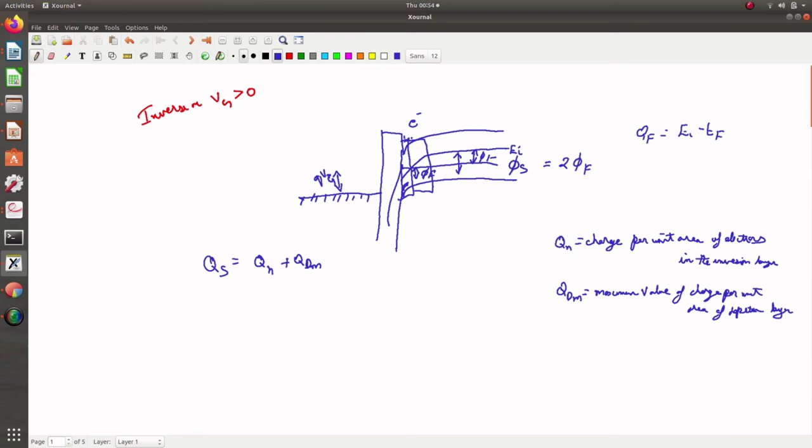We are trying to introduce formulas or mathematical equations to explain what we had seen earlier.